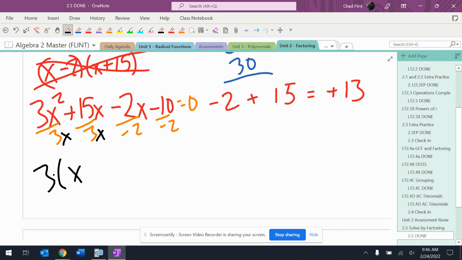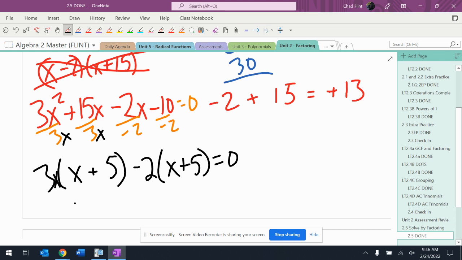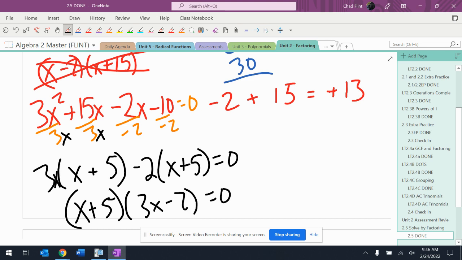So 3x times x plus 5 minus 2 times x plus 5. All right, my parentheses come out to be the same, which is good. And I'm going to get x plus 5 and 3x minus 2 equals 0.